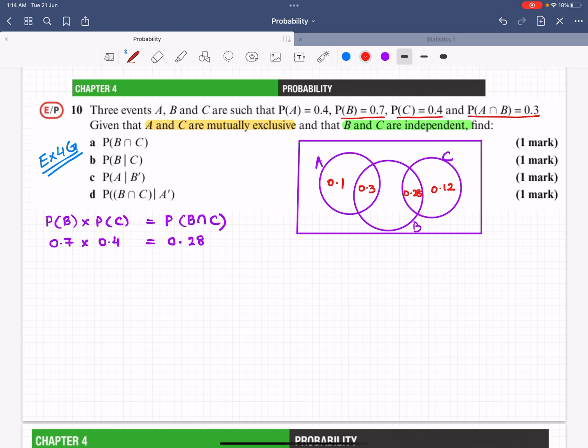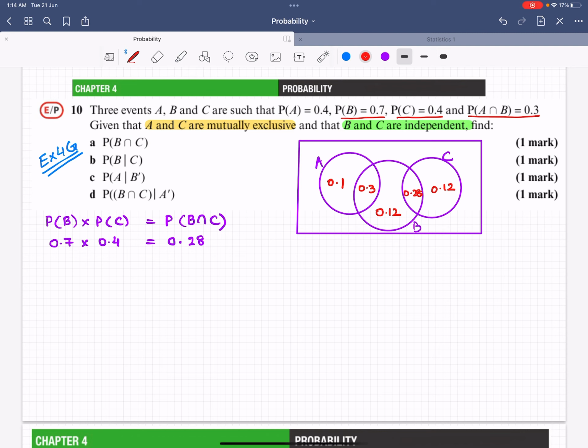0.12. Again, we have probability of B as 0.7, which is this entire circle. We need to find this part, which is only B part. So from 0.7, we can subtract 0.3 and 0.28, and that gives us 0.12. Now we can find the probability outside the three sets A, B, and C. We know that the total probability in a Venn diagram adds to 1.